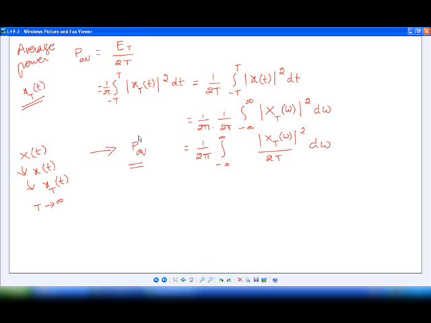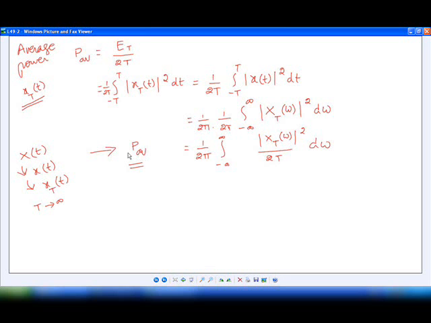Then once you consider this particular P average as the random variable, the average power for the interval minus T to T for the entire random process can be obtained by simply taking the expectation of this. This P average indicates the average power of one sample function over the interval minus T to T. But from sample function to sample function, this P average value varies.